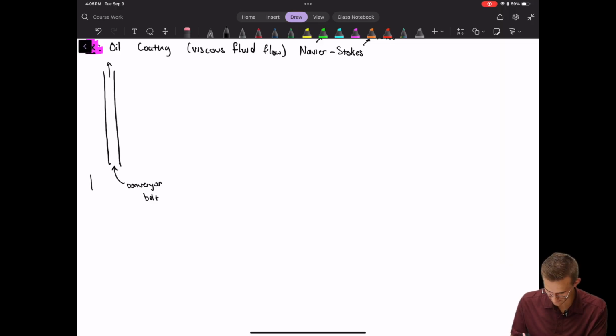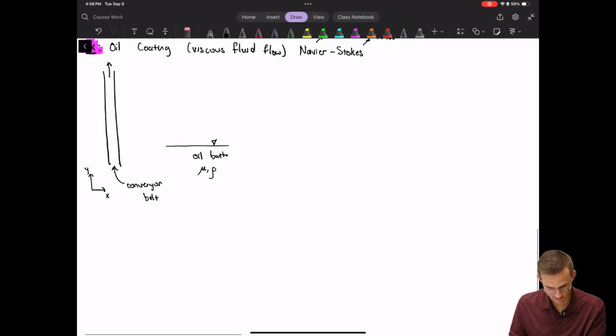We'll define our axes like this, x and y. And let's say that we have a large oil bath that is level out here. This is an oil bath, and it has some sort of viscosity and density.